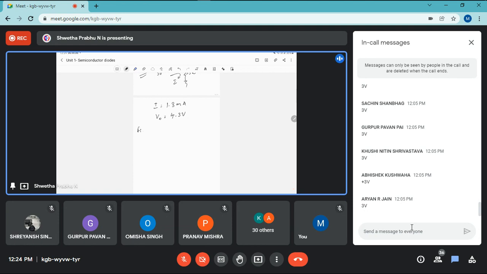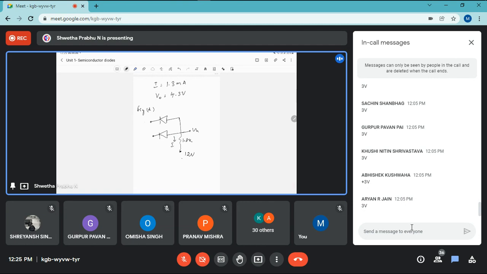Next, coming to figure D, I think. Okay, this is 12 volts. They have given this as 12 volts.